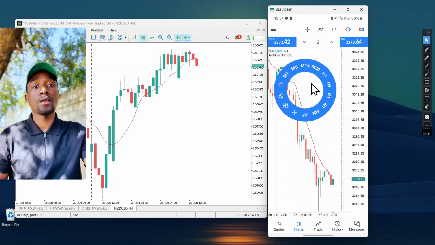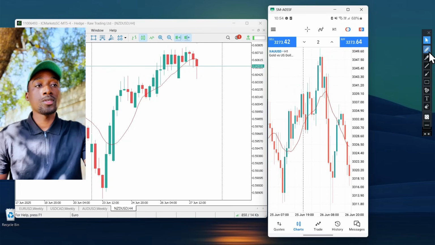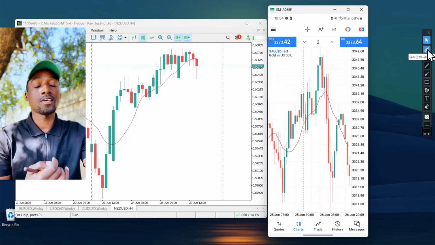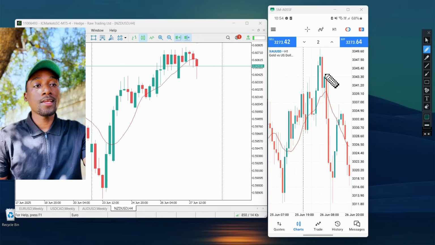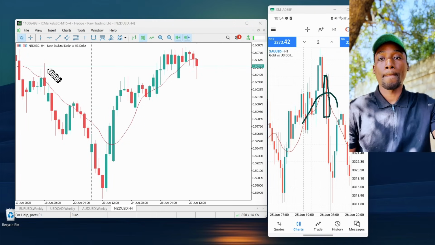If we tap here, this is 1 hour time frame. We see every bar here represents 1 hour. So the trading logic of this indicator is that if a red candlestick crosses over the line, this line here, you take a sell. Example here, the red candlestick crosses below, then you take a sell here.